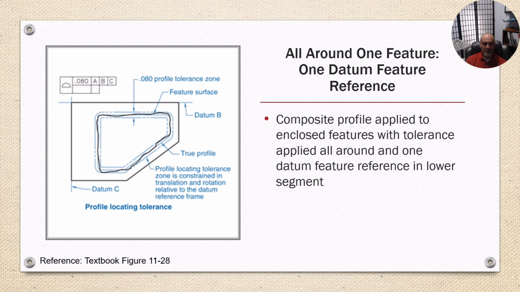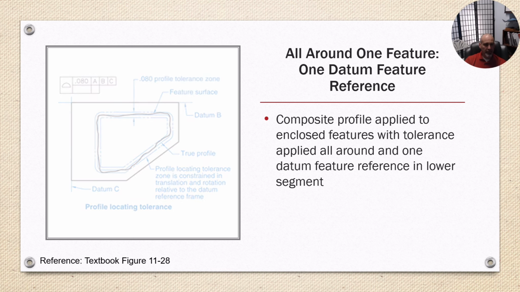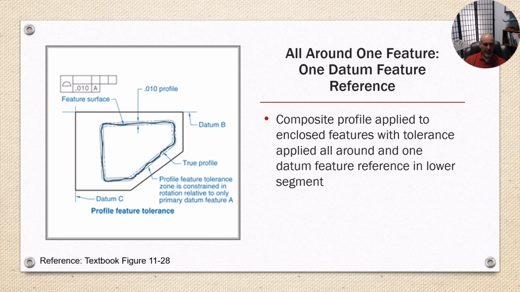The first line is saying, okay, your profile zone of the entire profile has to fall within this 80 thousandths zone, and it locates, in this case, the window or hole in the part. Then the second frame controls how much variation can actually be on that profile on the features itself. You notice it's a tighter tolerance.